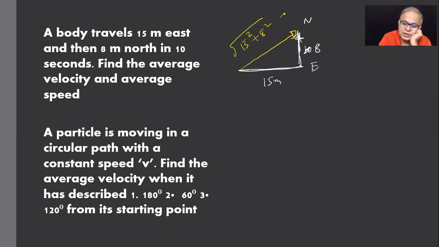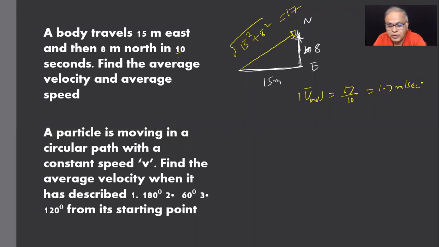How much is this? 17. So the magnitude of average velocity will be 17 divided by 10 seconds, 1.7 meter per second. But remember, this being a vector, we should give the direction.